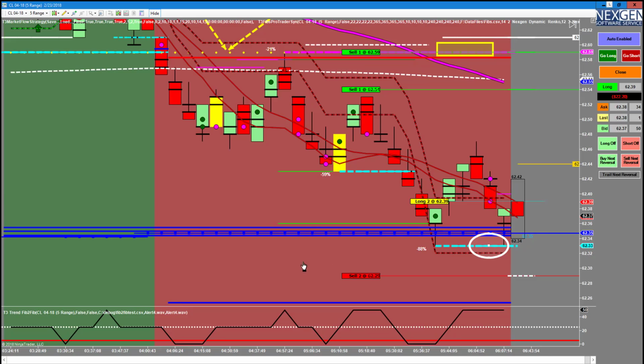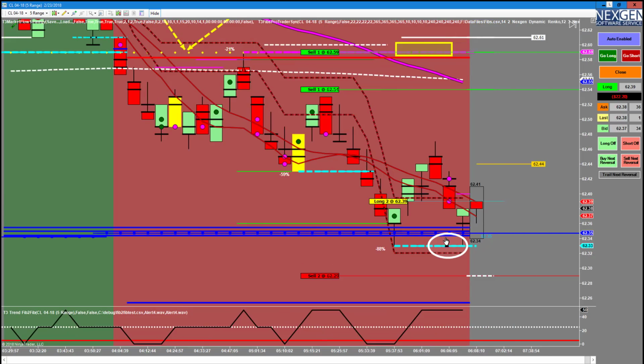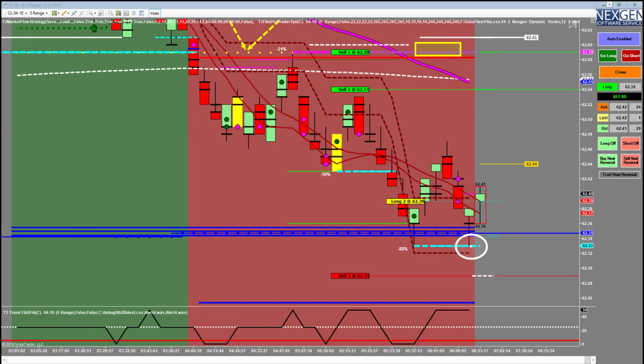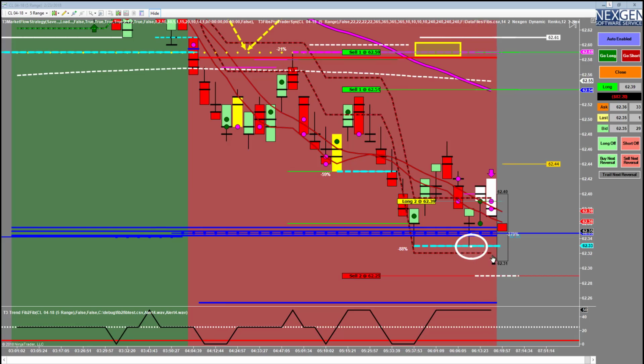So you can see, all I did was wait for a retest of a divergence low with Fibonacci support and allow the automated market flow system to just generate a signal for me.